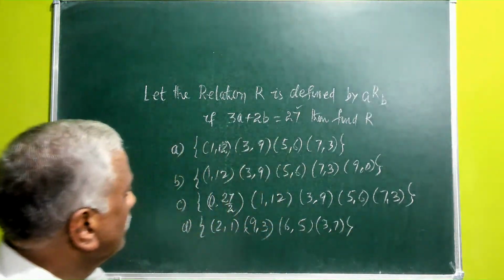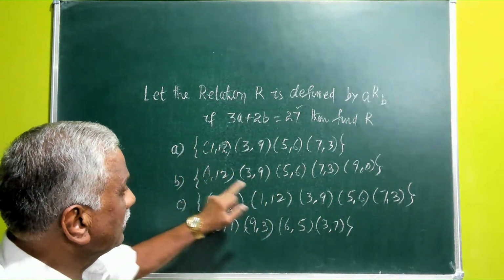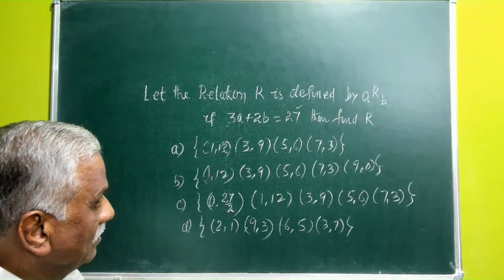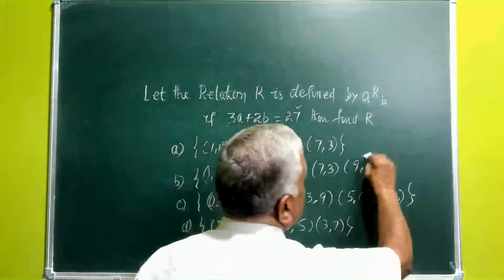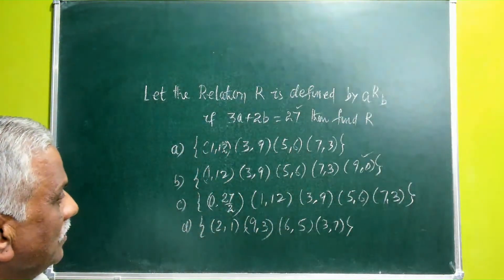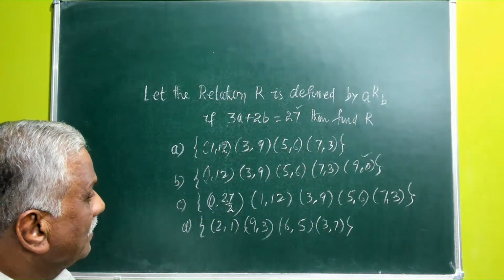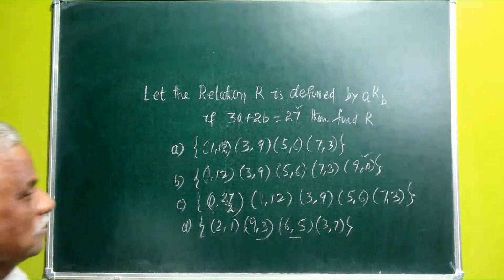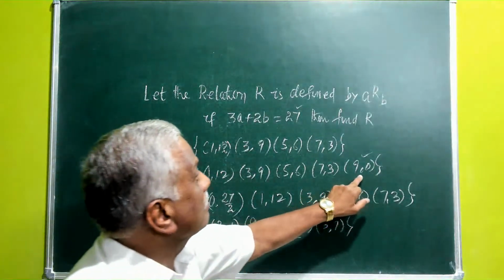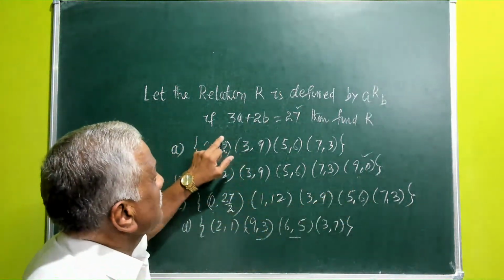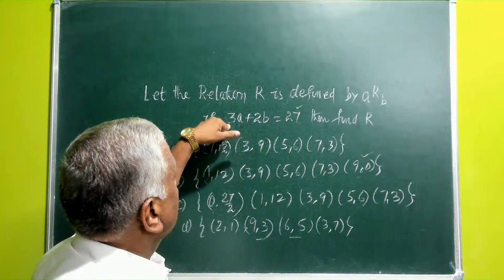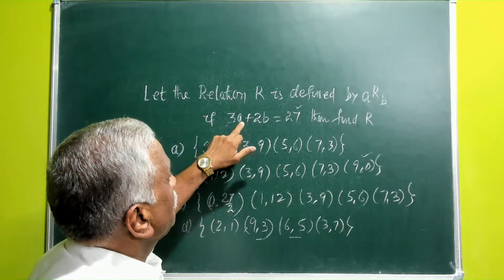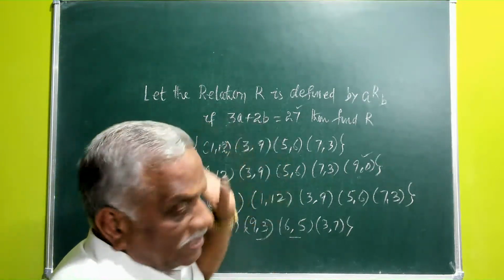So just observe, 1 comma 12 is present here also, here also, here also. But here 9 comma 0 is an extra number. Here 0 comma 27 is there. And here 9 comma 3 or 6 comma 5 is there. So what you can do is just substitute 9 comma 0. What happens if you substitute 9 comma 0? It will be 27 plus 0, 27 you will get.